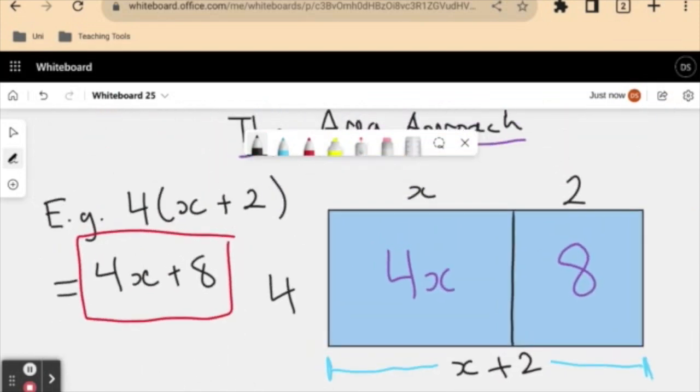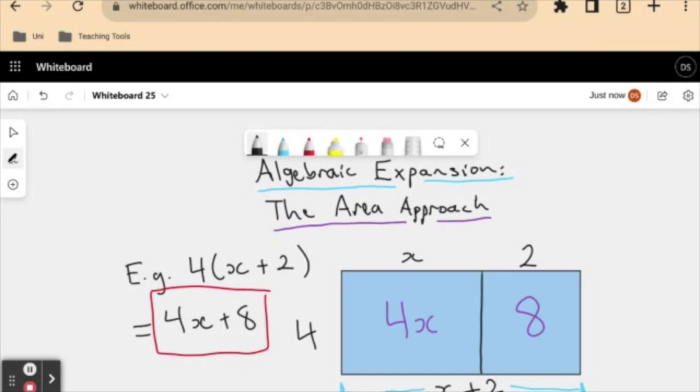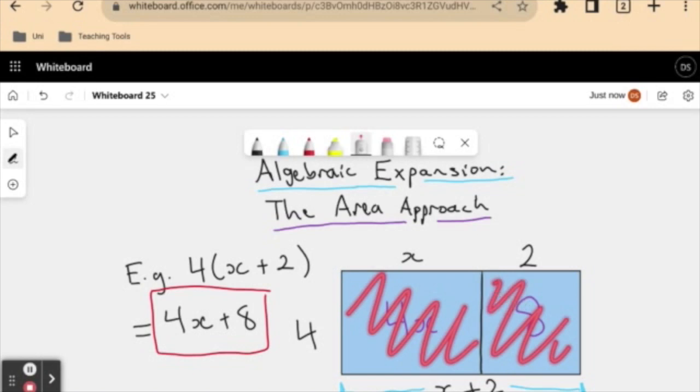In the same way, our area approach up here is just like taking two components of my x plus 2 and looking at this in terms of an area of a rectangle and splitting this up into the sum of two smaller areas.